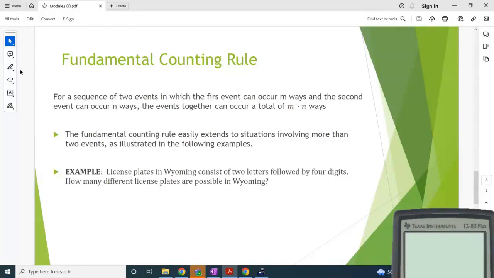Okay. So it says 2 letters followed by 4 digits. And this is one I've got to copy over.